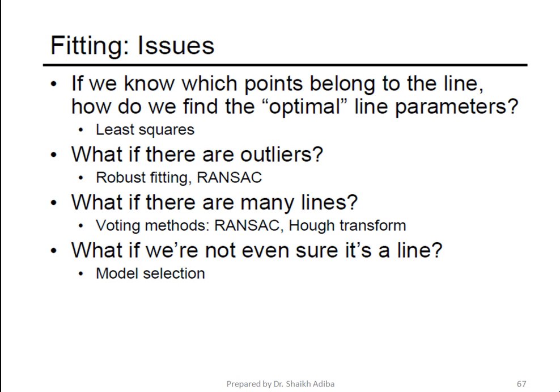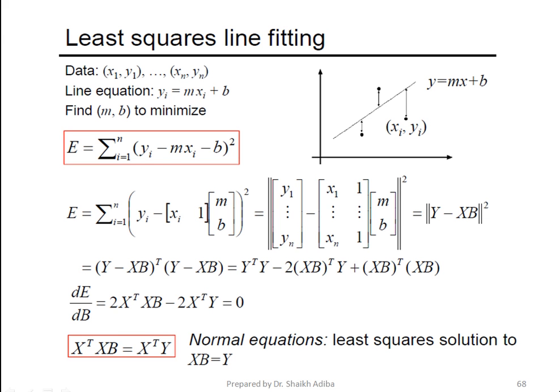If there exist multiple lines, then we can apply a voting method such as the Hough transform or the RANSAC method. And even if you are not sure whether it is a line, then you have to reconsider the model selection here.